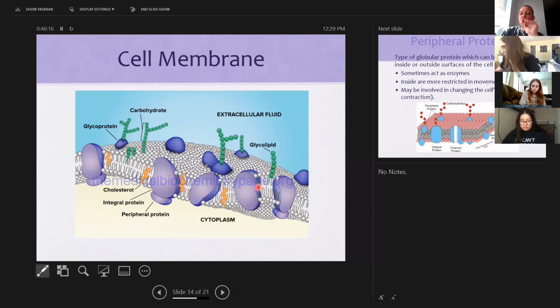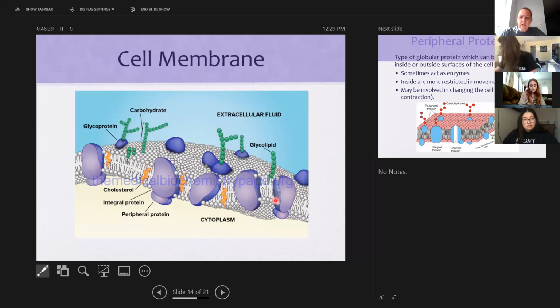So here, look how complex this is. This blows my mind that each and every single cell in your body has this environment. So we have our lipid bilayer and we've got all these proteins. Look at this. We've got a giant carbohydrate, which is a sugar. Here we have a sugar and a protein bonded together.